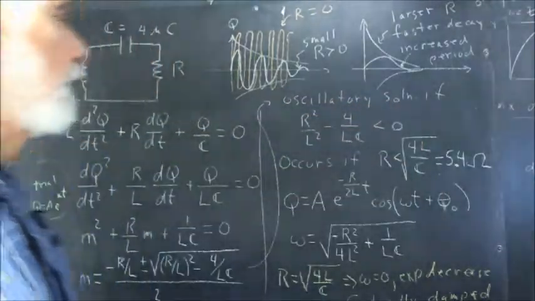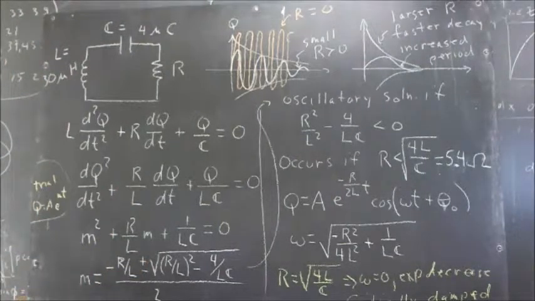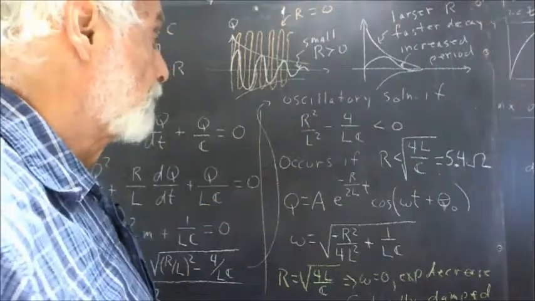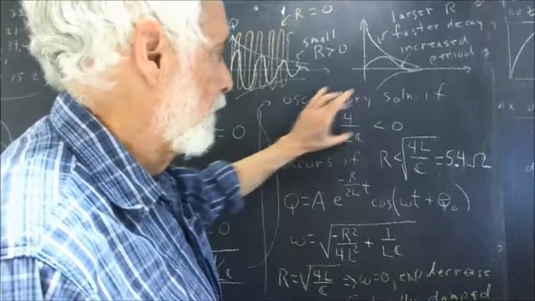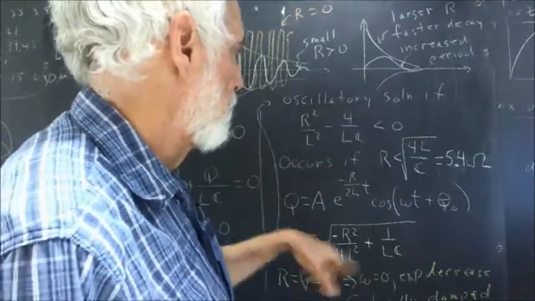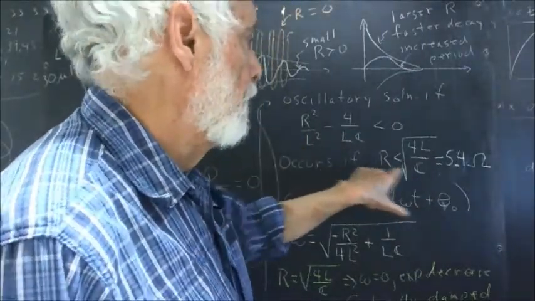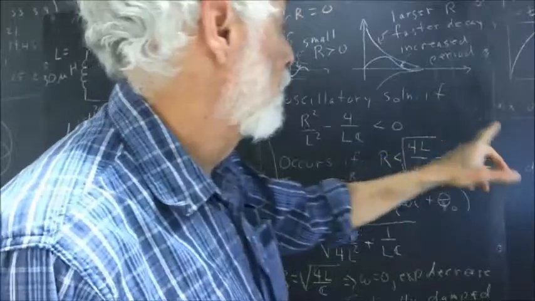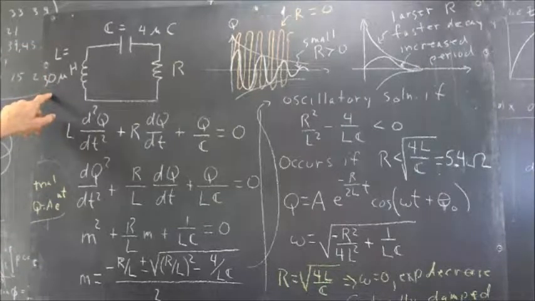Again, having had this recently in differential equations, which is my assumption, you've got to be very familiar with how that works. Okay, well, then we solve that. We just add the 4 over LC to both sides, and then we multiply by L squared. We get 4L over C. That's our R squared. Take the square root. Here's R. For the circuit that we have, I believe we get something on the order of 5.4 ohms. 4L will be 120 microhenries.